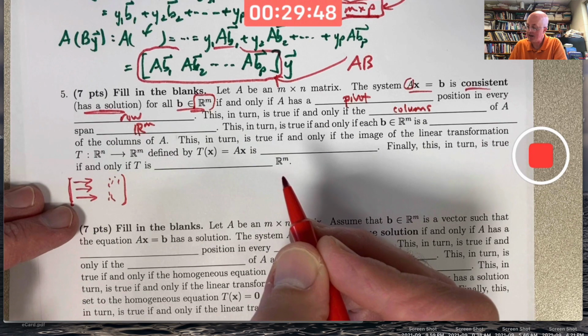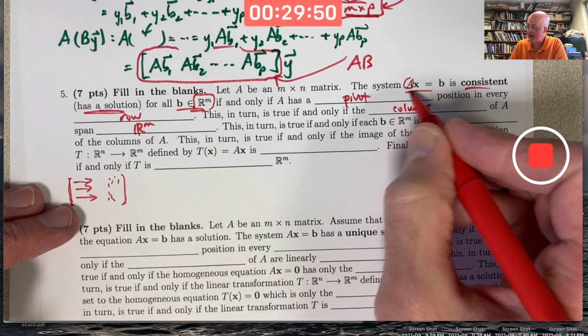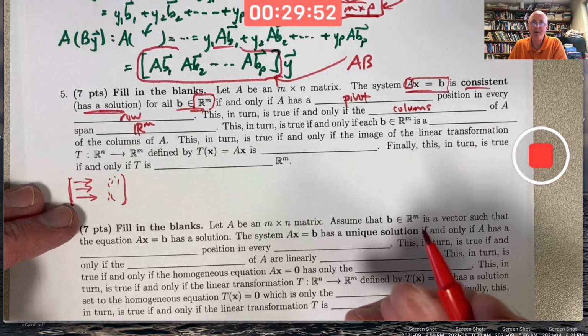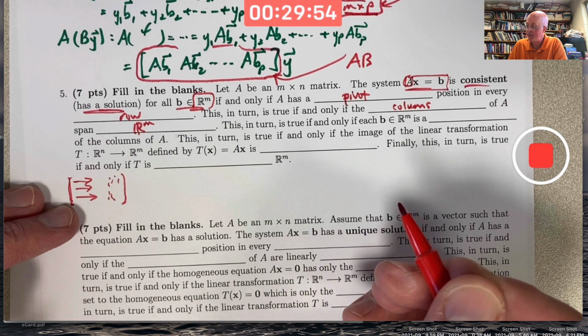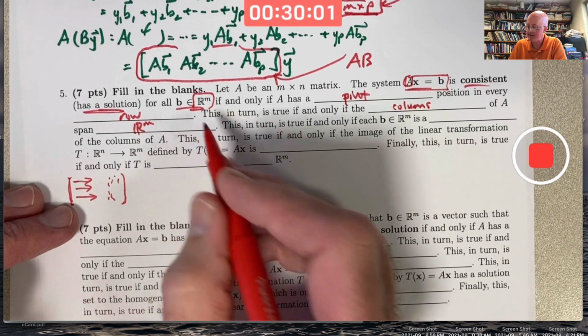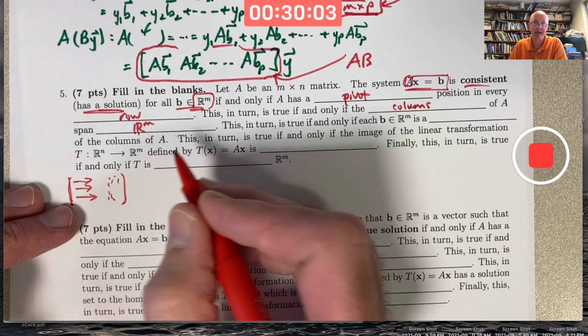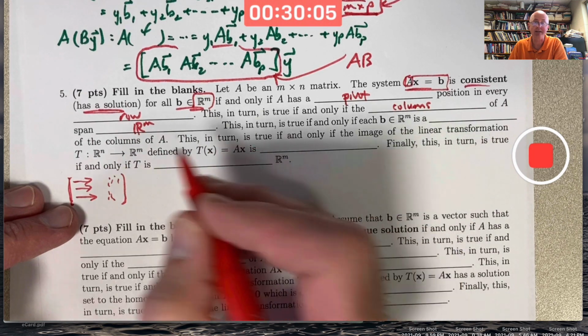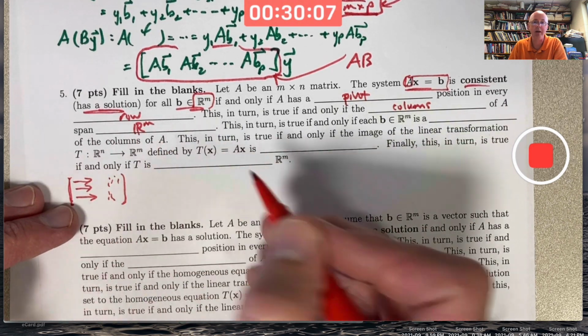Okay, because why? For Ax to equal b, no matter what b is, an arbitrary vector in Rm, that means the column space of A has to be m-dimensional, which means the columns of A, the set of all their linear combinations, has to be m-dimensional as well, all of Rm.